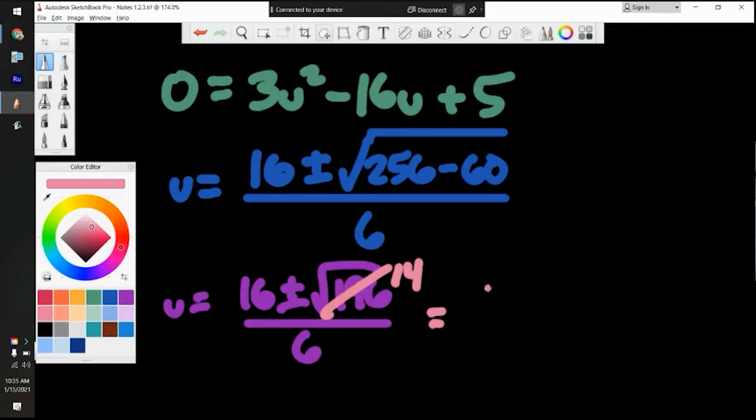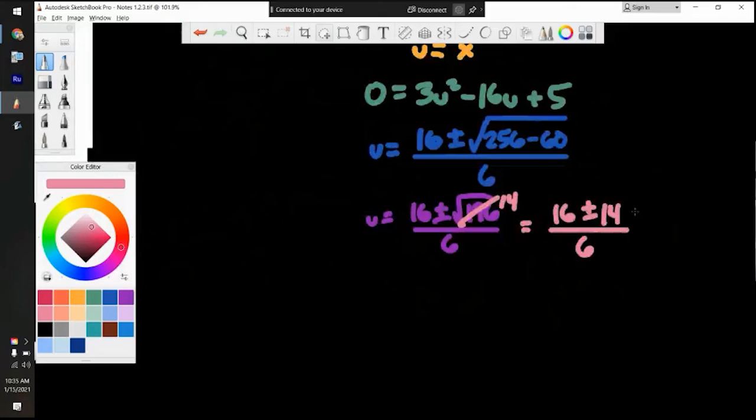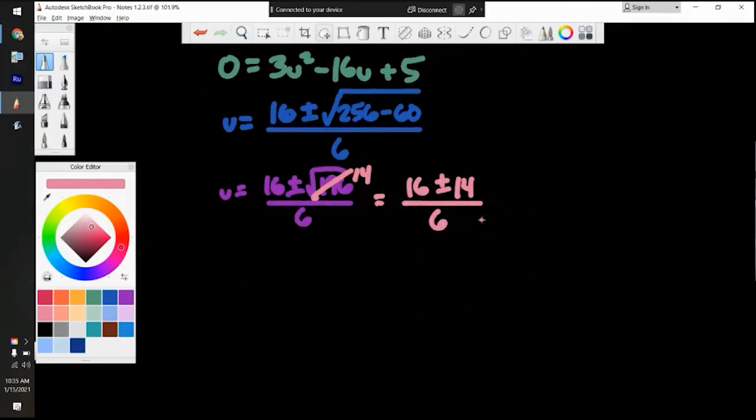So now you're left with 16 plus or minus 14 divided by 6. So this means we have 2 over 6 for the minus and 30 over 6 for the plus. So we have u is equal to 1/3 and we have u is equal to 5.